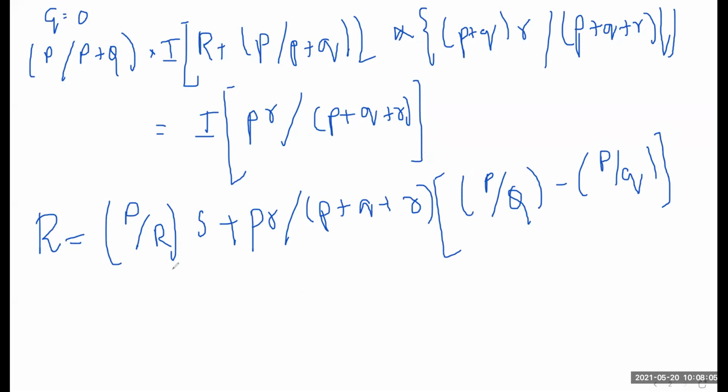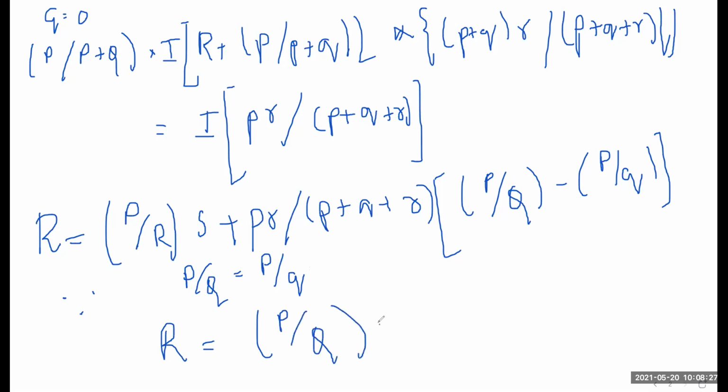From my previous equation, since P by Q is equal to small p by small q, you can put this value here. So R we can write in short form as P by Q multiplied by S. So this is my equation number 5.